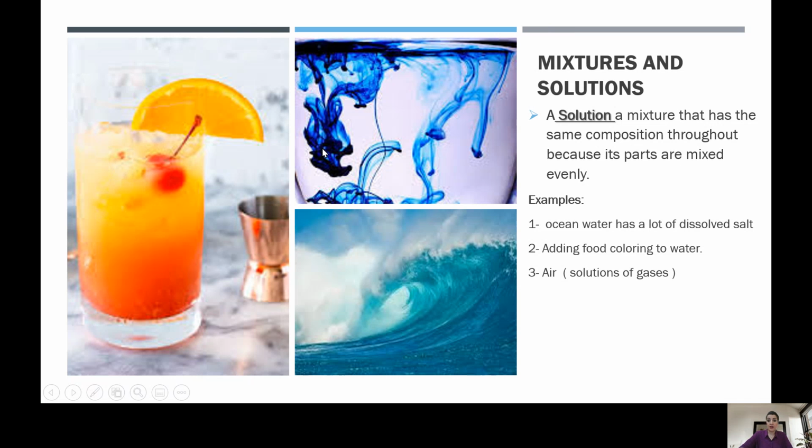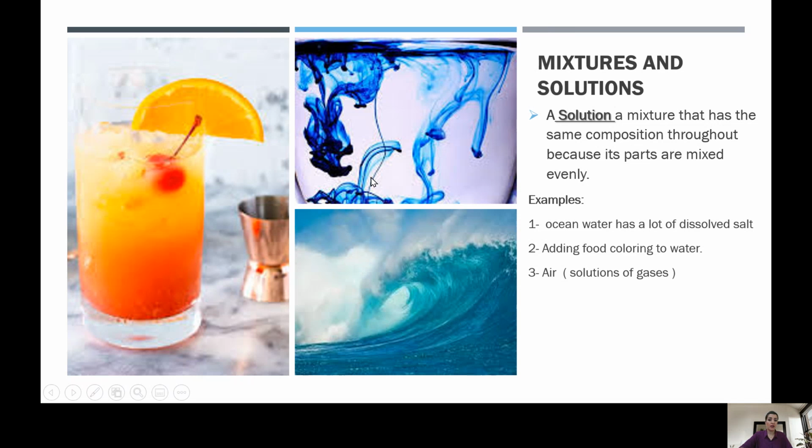Another example is ocean water. Ocean water is an example of a solution where the substances are mixed together in liquid form. In the water of the ocean, there is dissolved salt, and this salt is found all over the water of the ocean. That's why it's a solution.